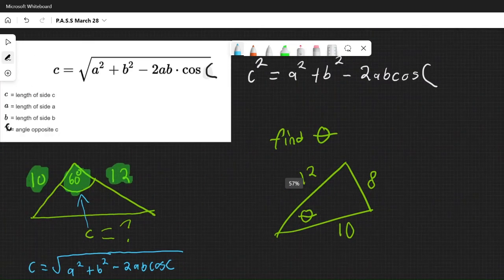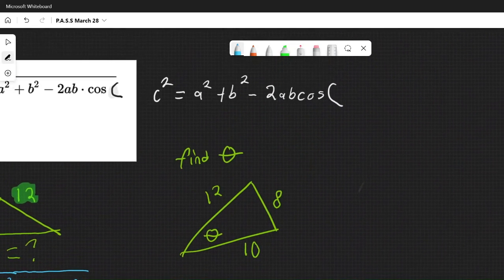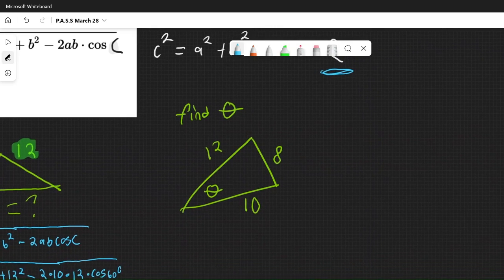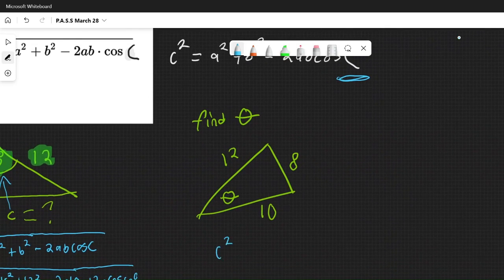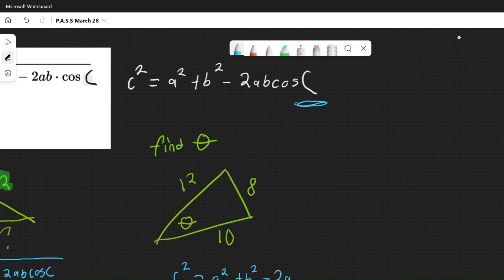So next up, we have a situation where we don't have any angles, but we have three side lengths. So we are looking for this angle c here, so we're going to rearrange this formula. So we have c squared equals a squared plus b squared minus 2ab cos c.